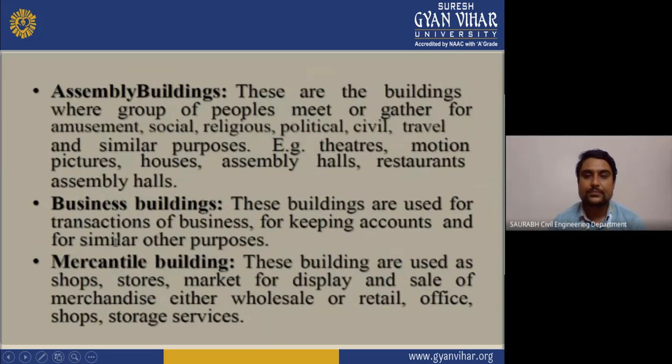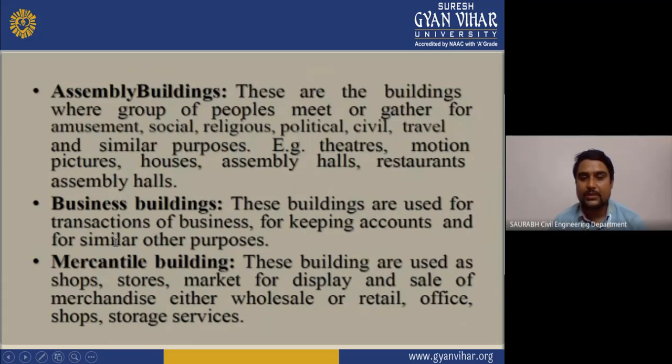Assembly building, these are the buildings where groups of people meet and gather for amusement, social, religious, and political, civil, travel, and similar purposes. Example of assembly building like theater, motion picture house, assembly hall, restaurant assembly hall.